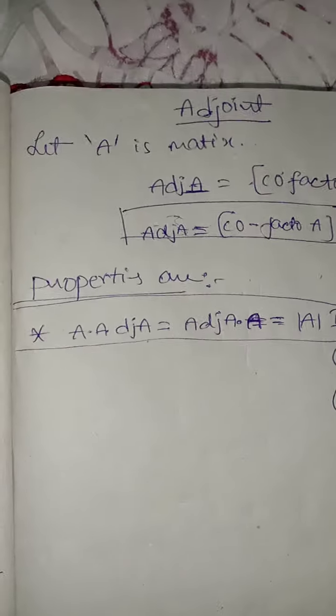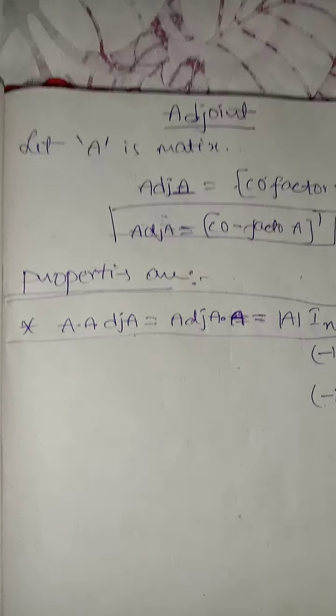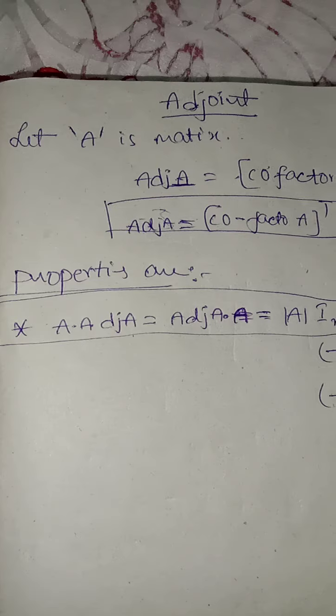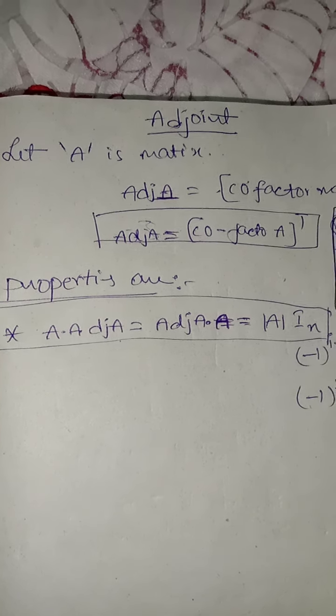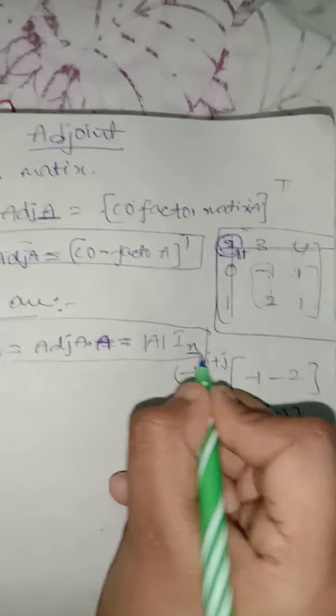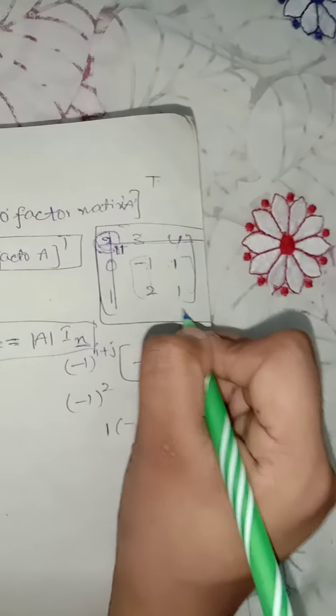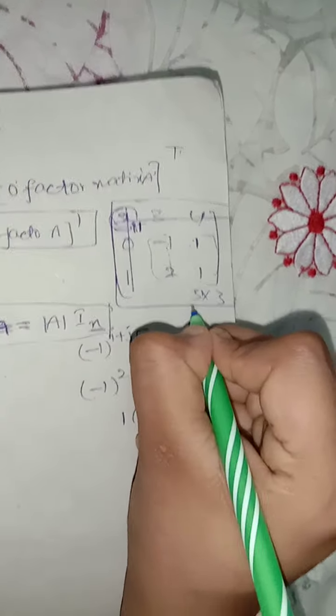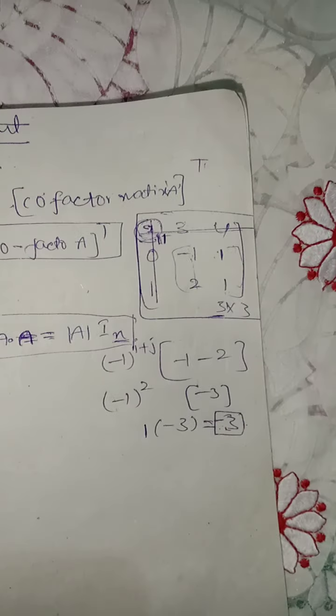Okay, this is the first property. What is n here? n is the order of the matrix. For example, what is the order for this? 3 by 3. Then n is 3. So, one important property.